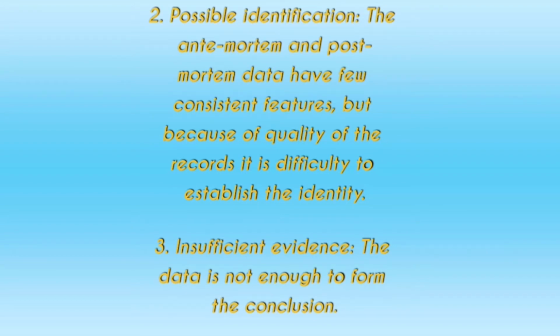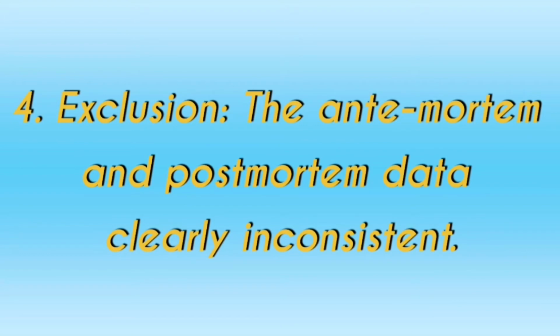The ante-mortem and post-mortem data have few consistent features, but because of the quality of the records, it is difficult to establish the identity. Number 3, insufficient evidence. The data is not enough to form a conclusion. And number 4, exclusion. The ante-mortem and post-mortem data are clearly inconsistent.